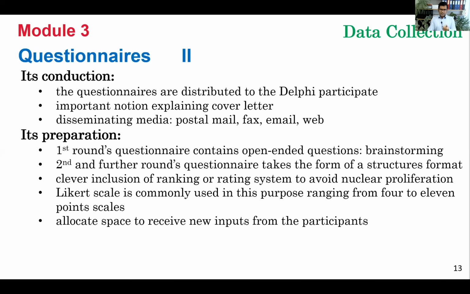For preventing nuclear proliferation, it is suggested to use rating scale 1 to 10, with 1 being the least effective and practical and 10 being the most effective and practical. However, few recommendations exist in the Delphi literature on optimal number of response categories, with different numbers being used, ranging from 4 to 11 points scale.